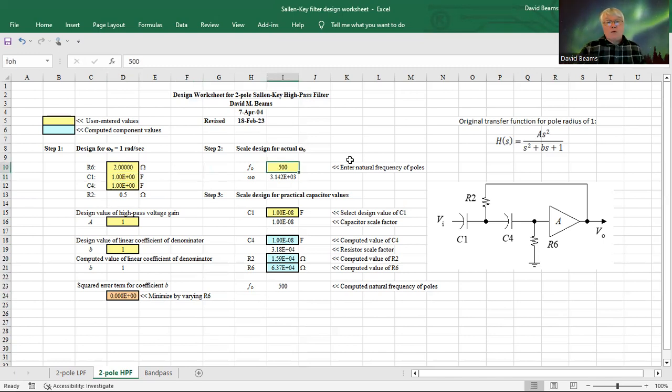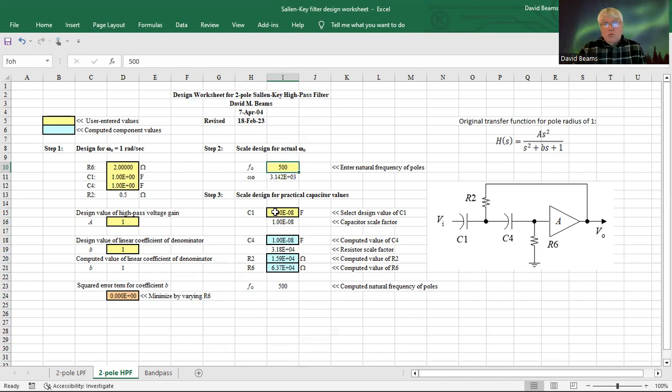Okay, so now let's move over here to scaling it for the actual pole radius. We want the cutoff frequency to be 500 hertz, and I've already entered that, 500 hertz. So that step's done. Now, I chose as a practical value for capacitor C1, 10 nanofarads.